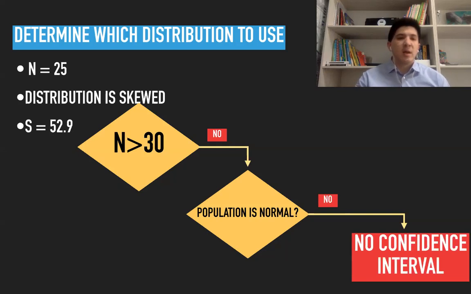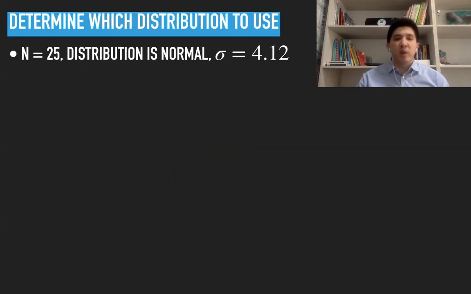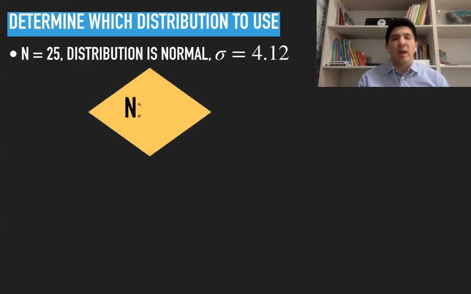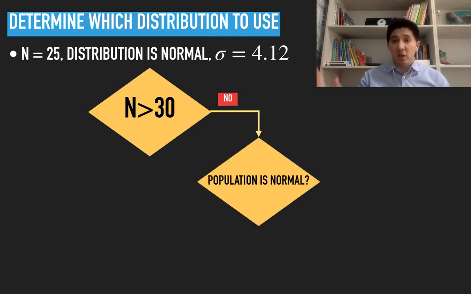In the last case, n is equal to 25, the distribution is normal, and sigma is given to be equal to 4.12. What do we have to do? Again, we check whether n is more than 30. It is less than 30, so we check whether the population is normally distributed.